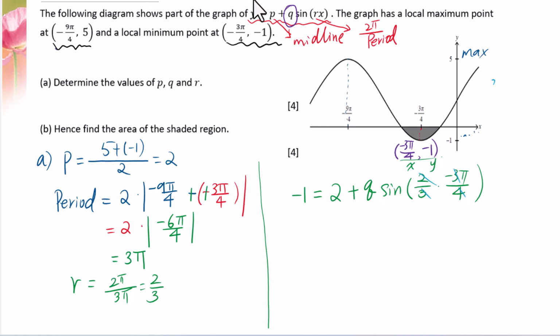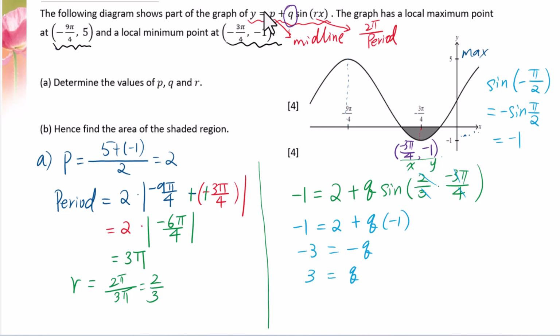We will get sine of -pi over 2. Since sine is an odd function, this is negative sine of pi over 2. Sine 90 is 1, so we got -1. So -1 equals 2 plus q times -1, so -3 equals -q. So q equals 3.